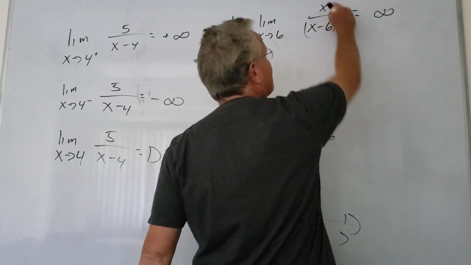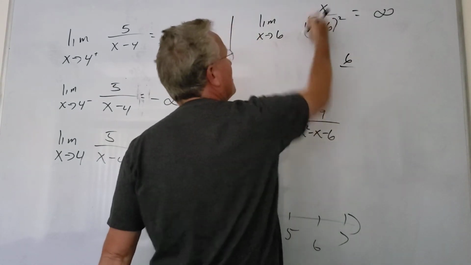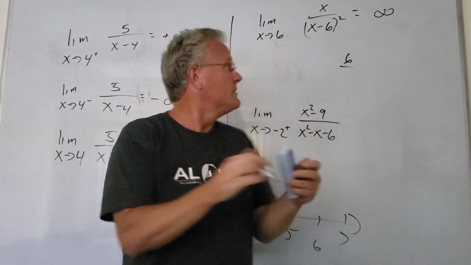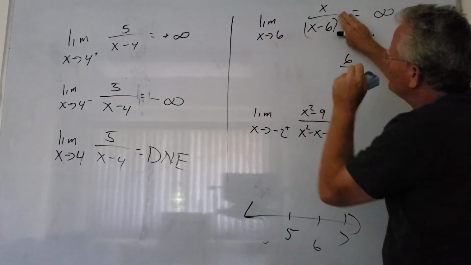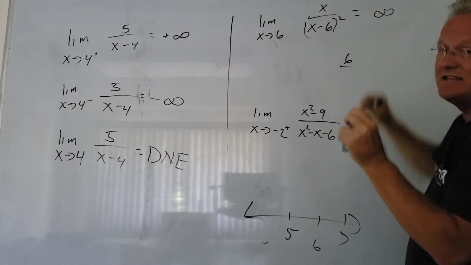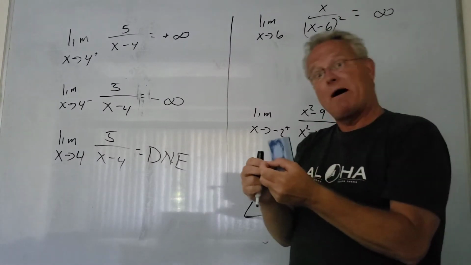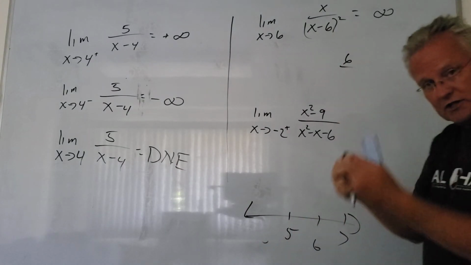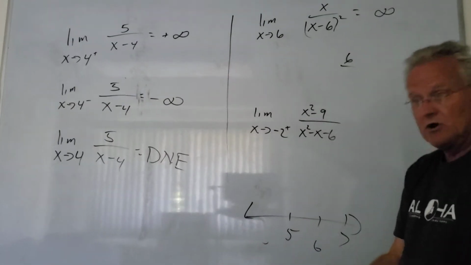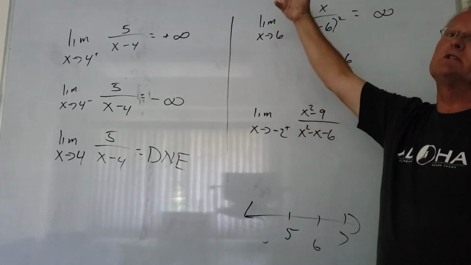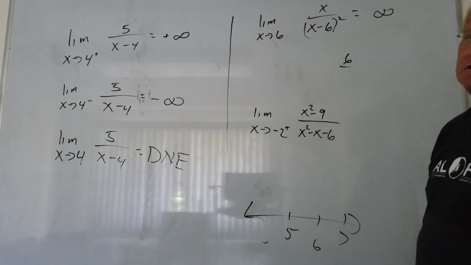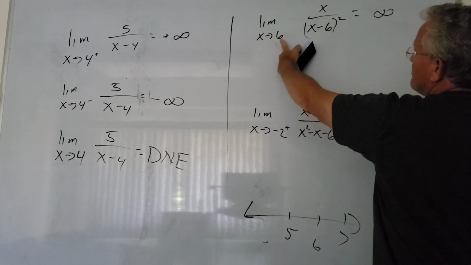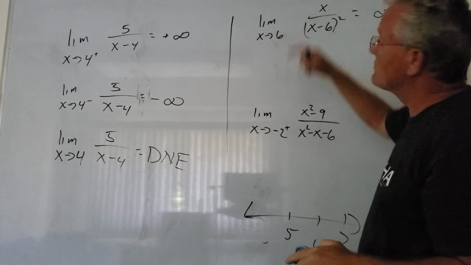So the denominator is a really small positive number, and 6 over a really small number is a really big number, positive infinity. So the limit from the right and the left as we approach 6 is infinity, therefore the limit is infinity.